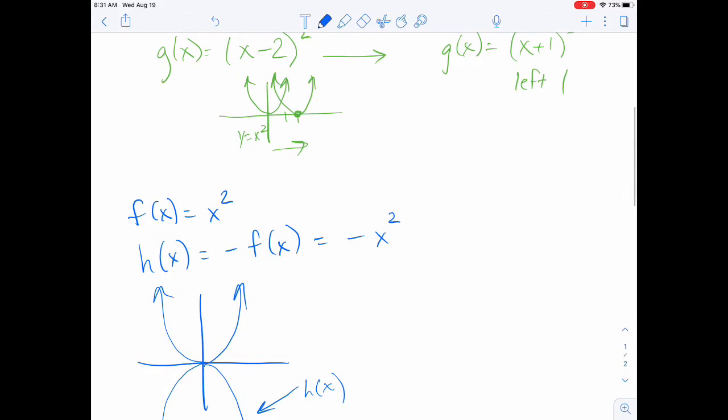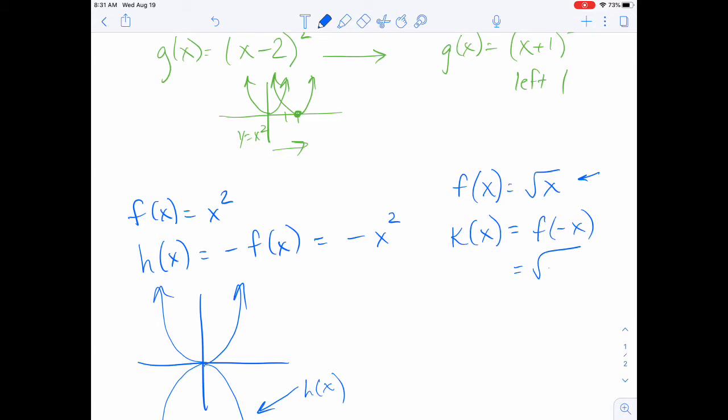On this particular one, let's say f of x is equal to the square root of x, and then I want k of x, because k is our favorite letter, to be equal to f of negative x. Now what happens here is, anywhere I saw an x from above, I'm going to have to plug in a negative x.